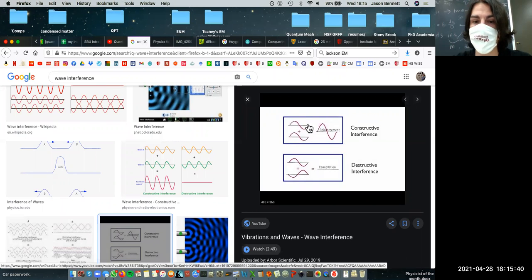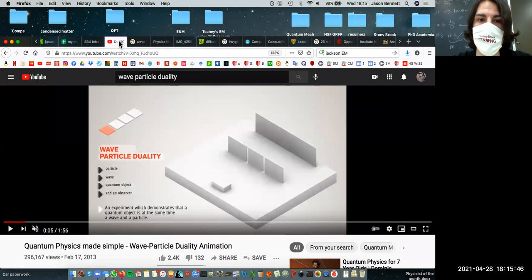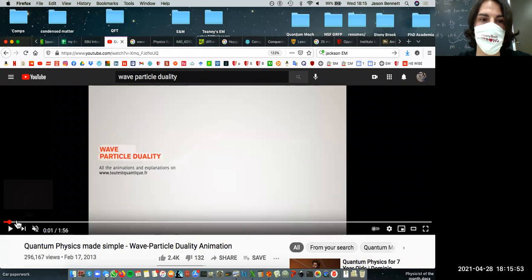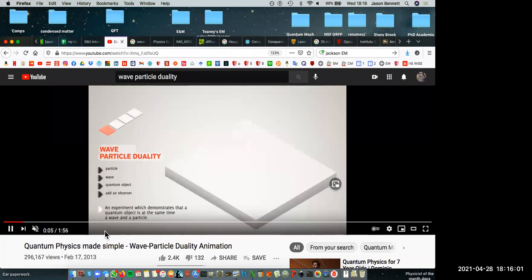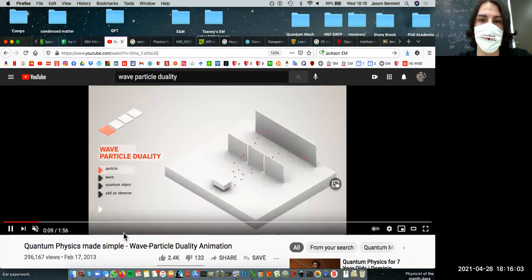Not only do they have these interference properties, but this is the backbone of quantum mechanics. If you observe it, weird things happen. So I just wanted to play this illustration for you. That's one thing that we could do with this experiment if we had a bit more time: set up something that illustrates why quantum mechanics is weird.